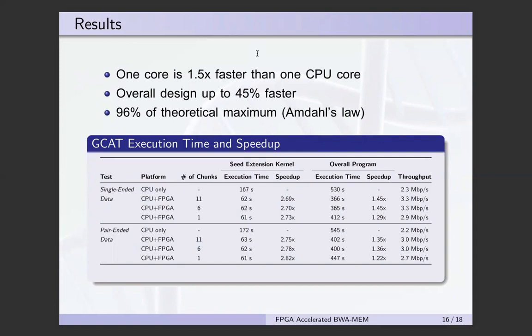The overall design, the end-to-end implementation, achieves 45% more speed up compared to the baseline. And with this, we are able to achieve up to 96% of the theoretical maximum possible speed up dictated by Amdahl's law.